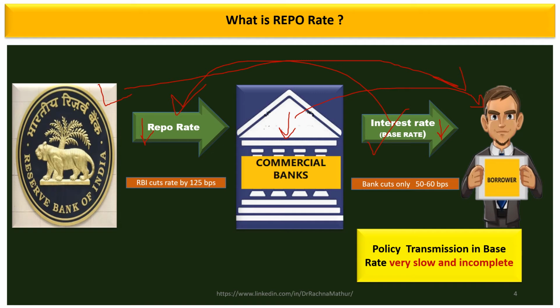Therefore, there was a need to bring more transparency in the interest rate or a bank's lending rate, and a need to link the lending rate directly to a market determined benchmark in order to pass the benefit of the rate cut at RBI level to the borrower and ensure that availability of loan to the customer or borrower is done at a fair price.